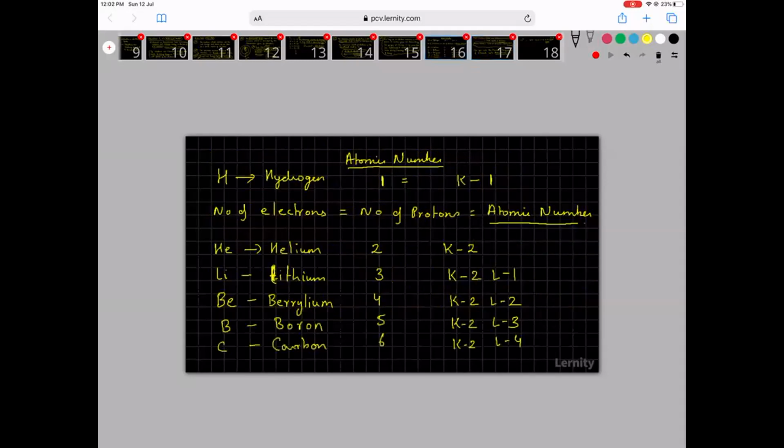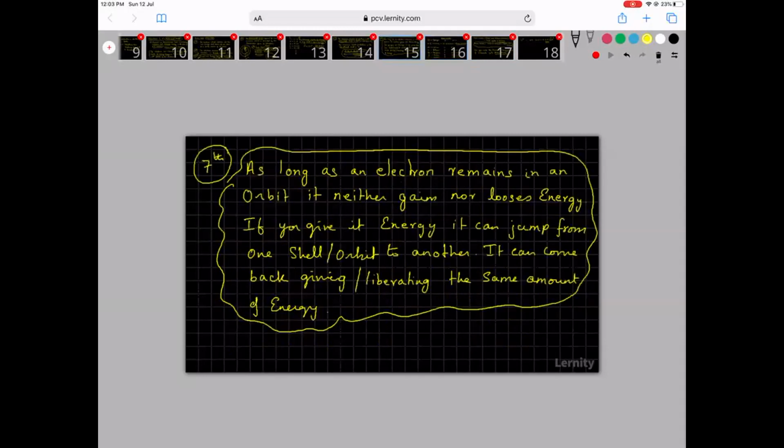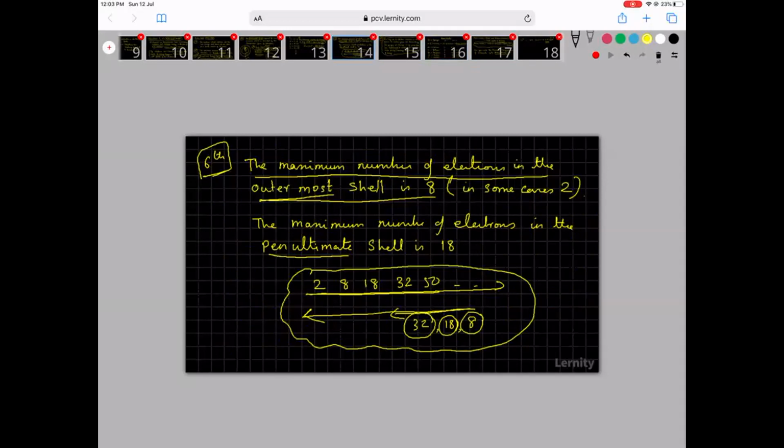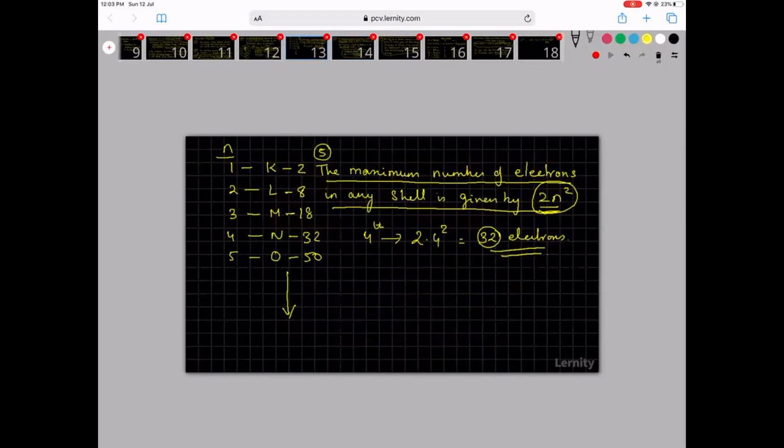Then 16. Then 15. Then 14. Then 13. Then 12.